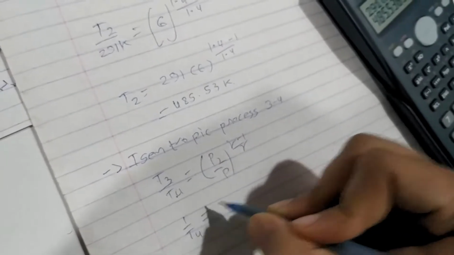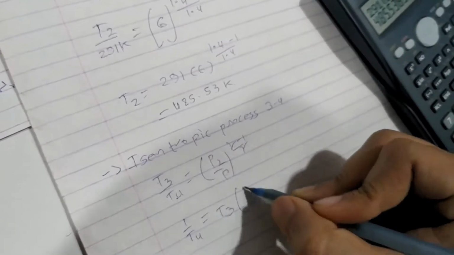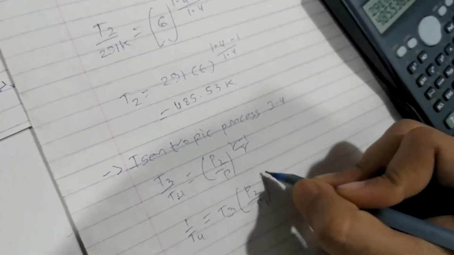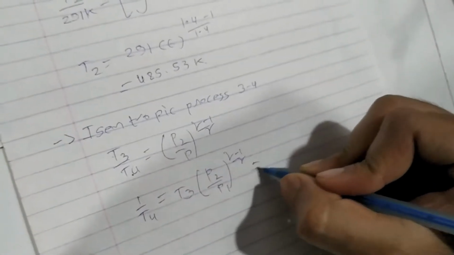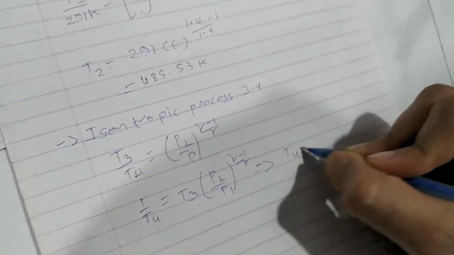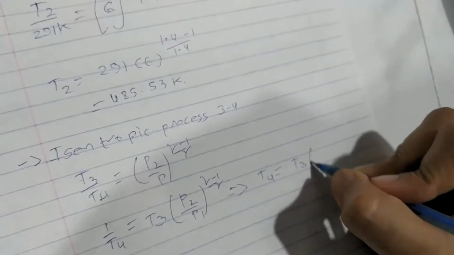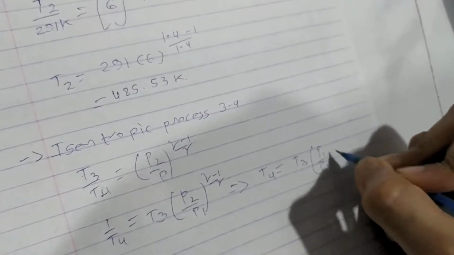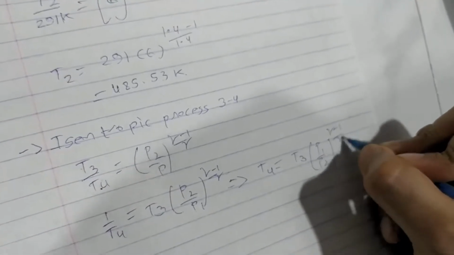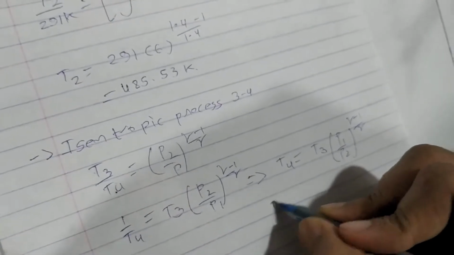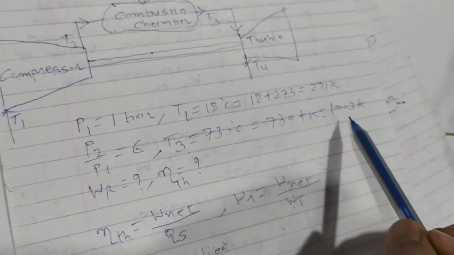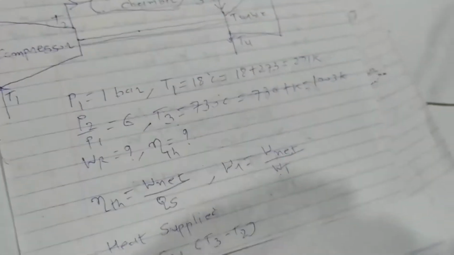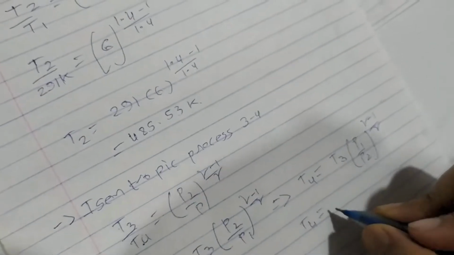So I can write this equation again, and I will put here the value of T4, the value of T3. What is the value of T3? The value of T3 is 1003 Kelvin.